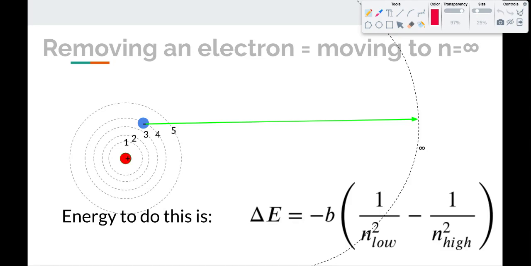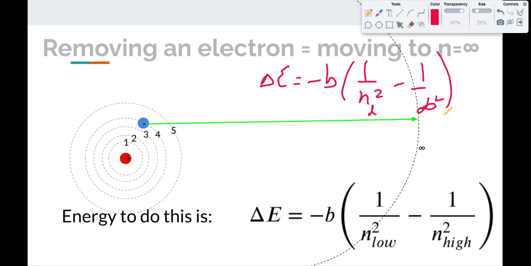So if you substitute infinity for n high, you get that delta E is equal to minus b times 1 over n low squared, which would be 4 in this case, minus 1 over infinity squared. But 1 over infinity, they say that it's undefined, but if you really think about it, if you have a number that's getting larger and larger and approaching infinity in the denominator, that basically is 0.